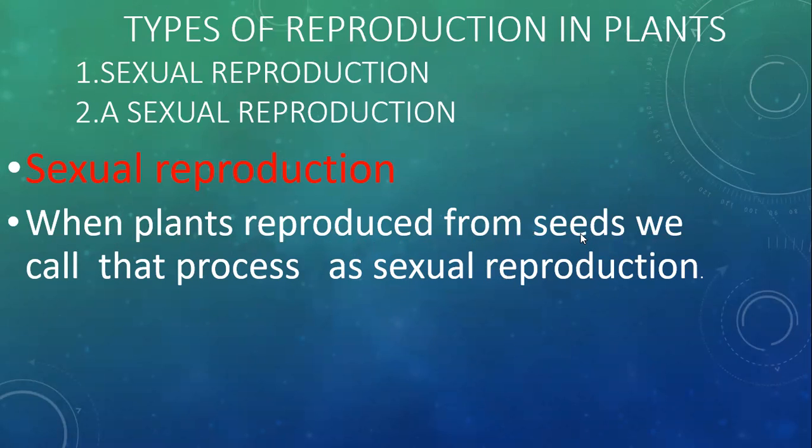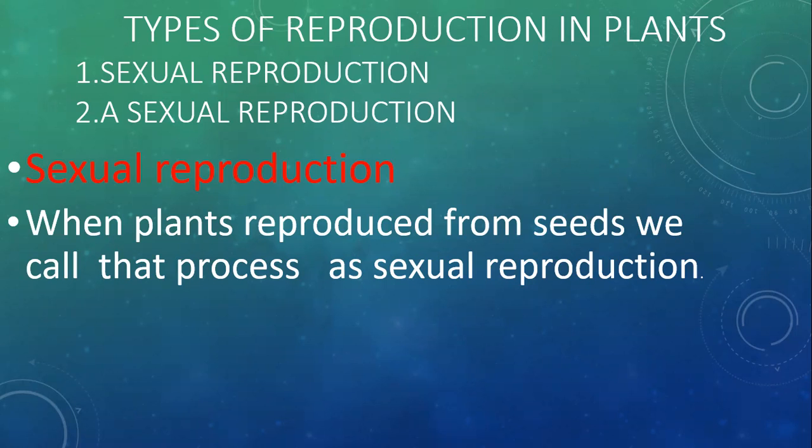How is the seed formed? Before that, the flower has a male reproductive part and a female reproductive part, androecium and gynoecium. The androecium produces pollen grains, and the gynoecium produces ovules. After that comes the fusion of pollen grains and ovule, through pollination.